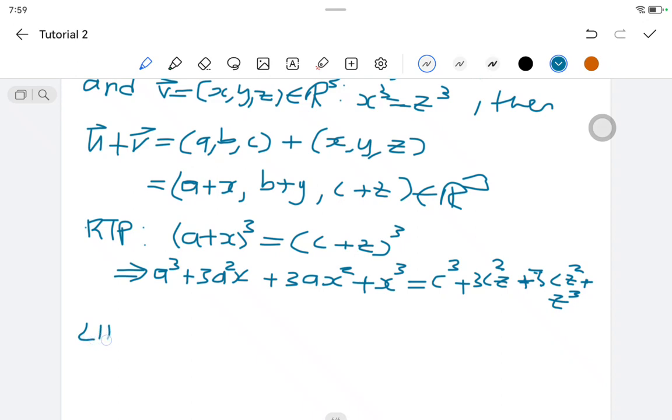So I can take the left hand side to prove it to be equal to the right hand side. So the left hand side is this.